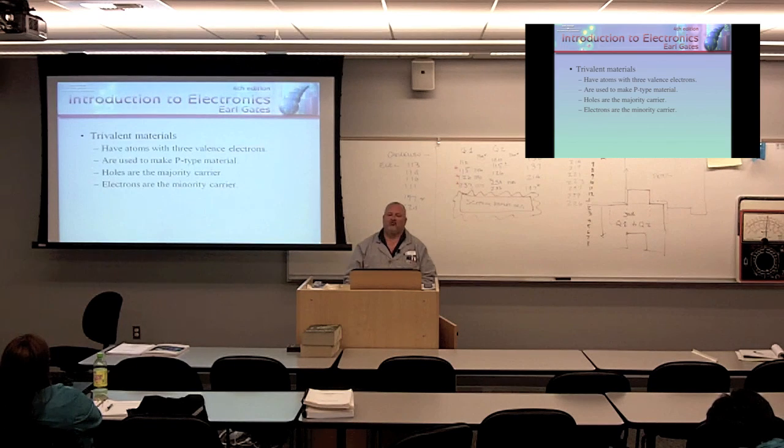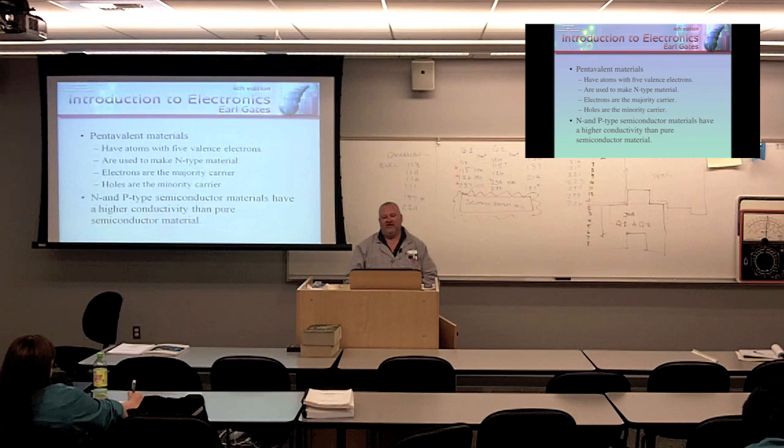The dopants that we use, trivalent materials, have atoms with 3 valence electrons. They're used to make p-type material. Holes are the majority carrier. That makes electrons the minority carrier. Pentavalent materials have 5 valence electrons. They're used to make n-type material.